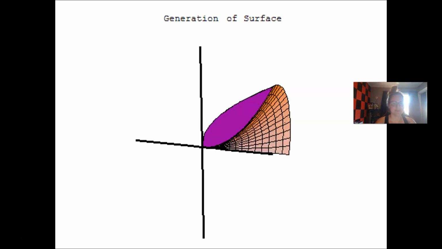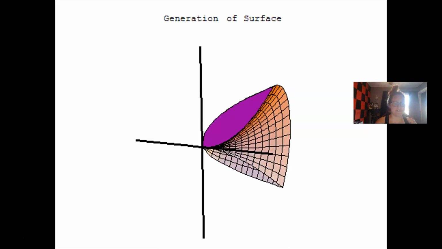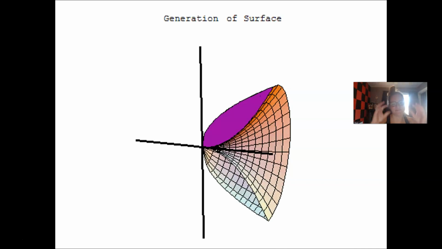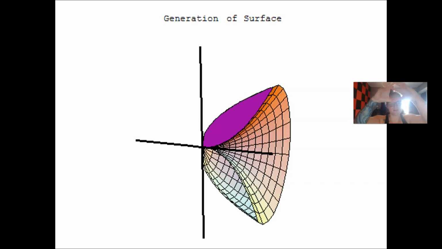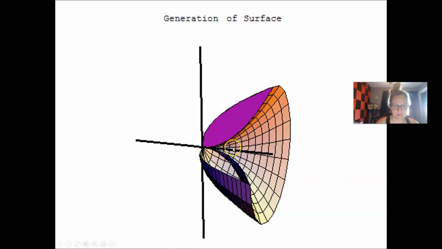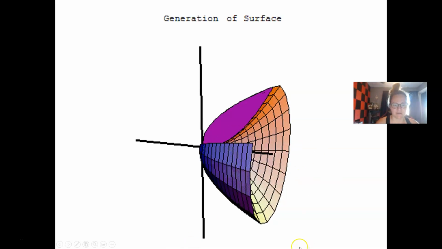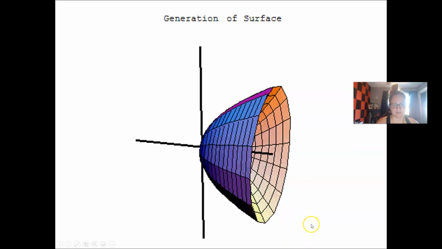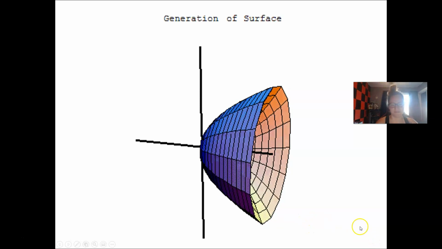It's taking that little purple region and revolving it all the way around. And so it still has volume, right? It's thick all the way around, but there's this hole inside that you have to take care of. Cute, huh?